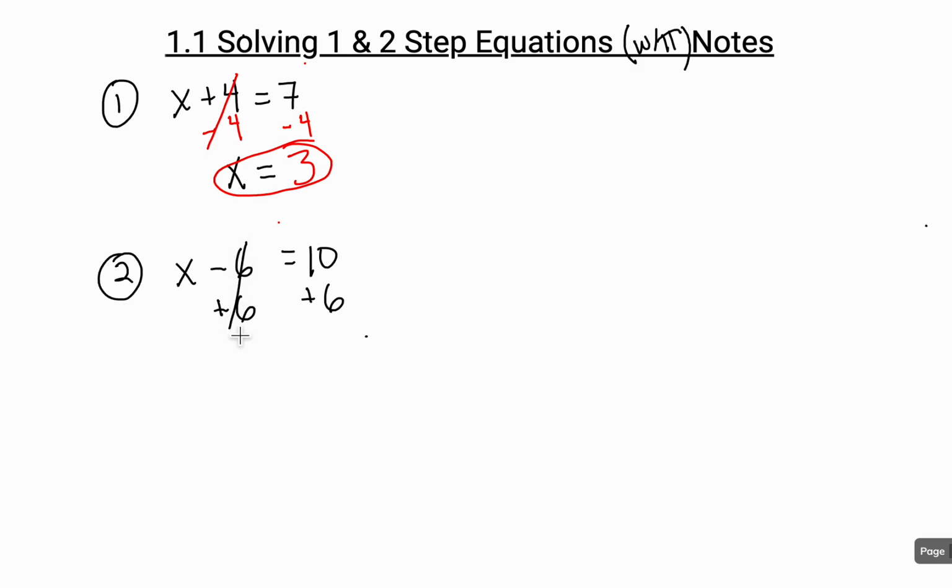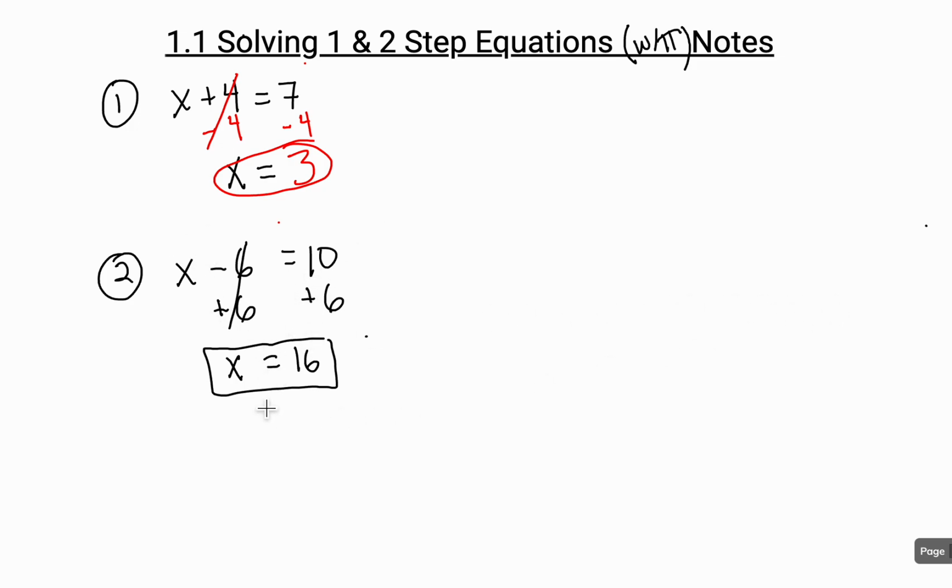Now, we do say canceled out, but for adding and subtracting, it's really zeroing it out, and we're left with x on one side by itself. And over here, 10 plus 6 is 16. And this structure really helps us organize it when it gets a little bit more complicated.